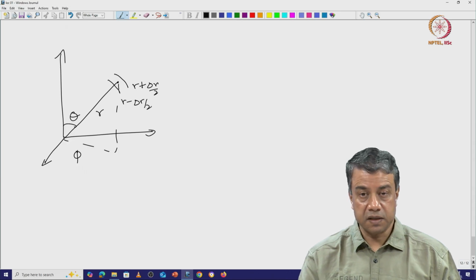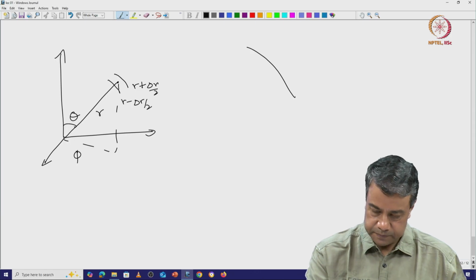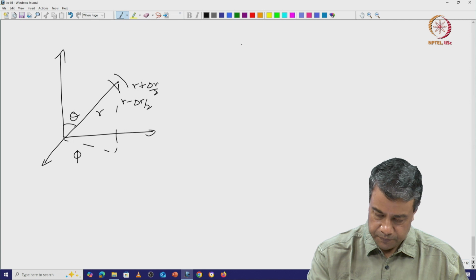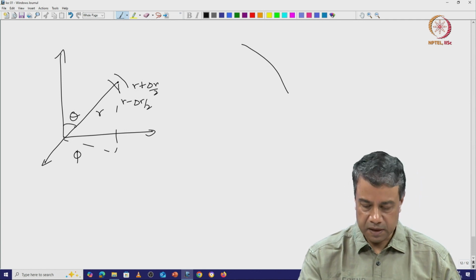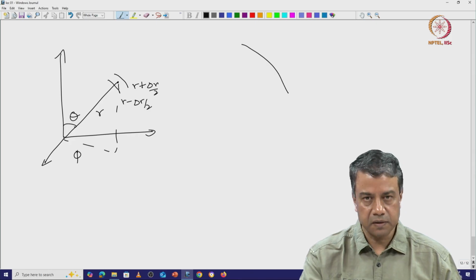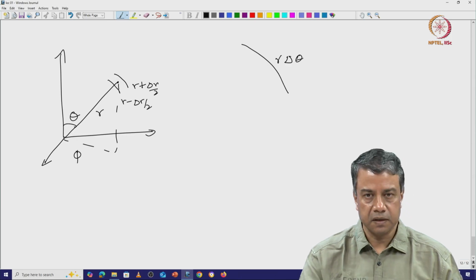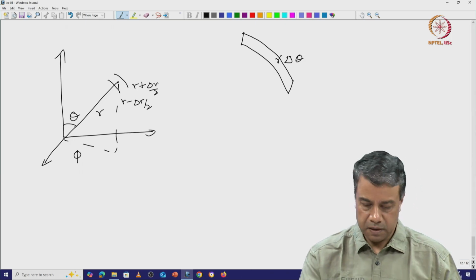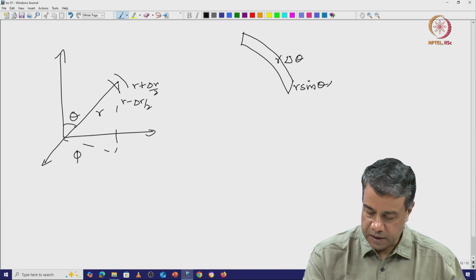Radius is constant on these two surfaces. I will draw it big over here. At r plus delta r by 2, you are varying theta. Theta varies over delta theta, that means that the distance travelled is r delta theta. And phi is varying by delta phi in the phi direction. That means that this distance is r sin theta delta phi.